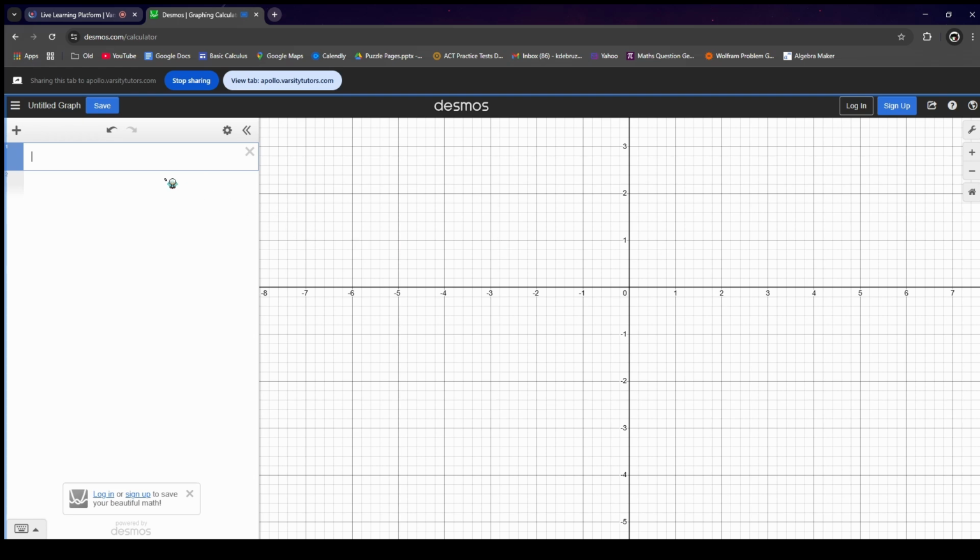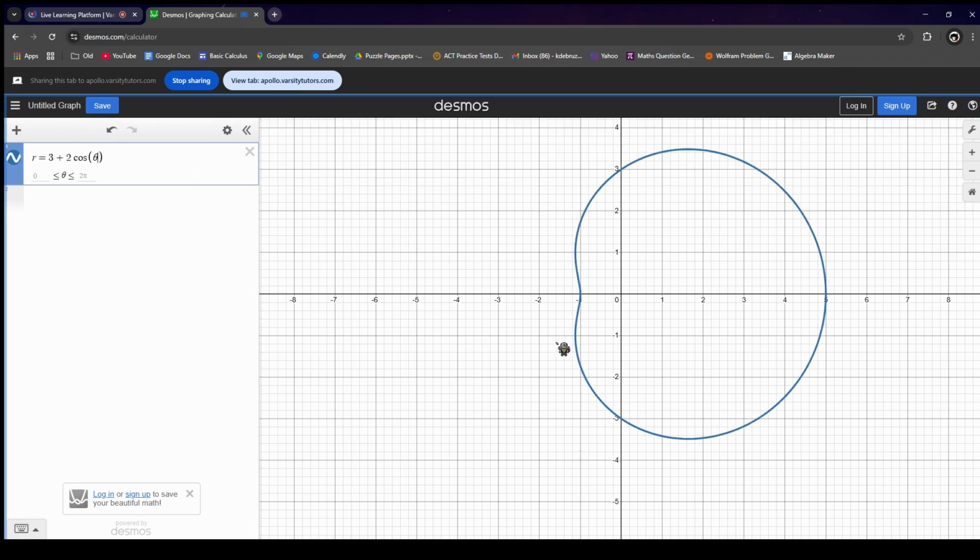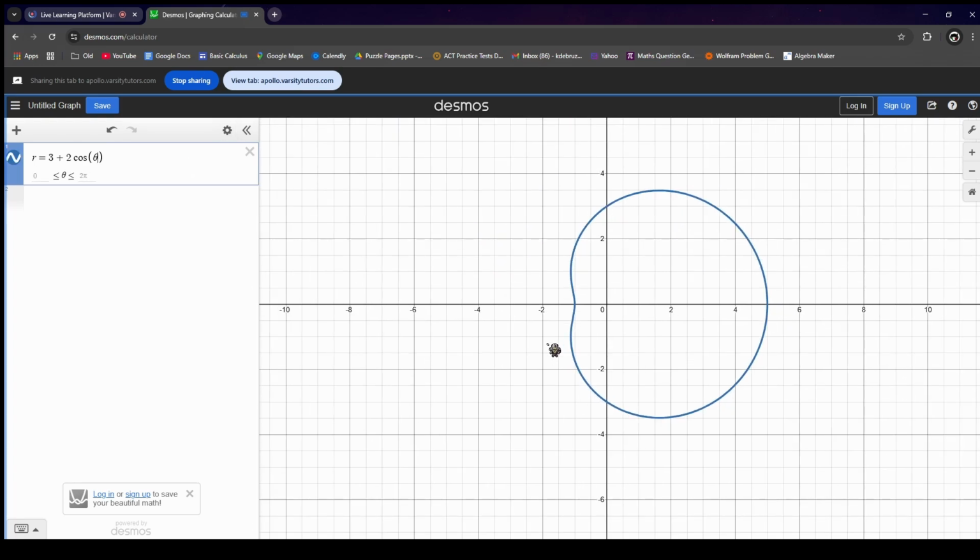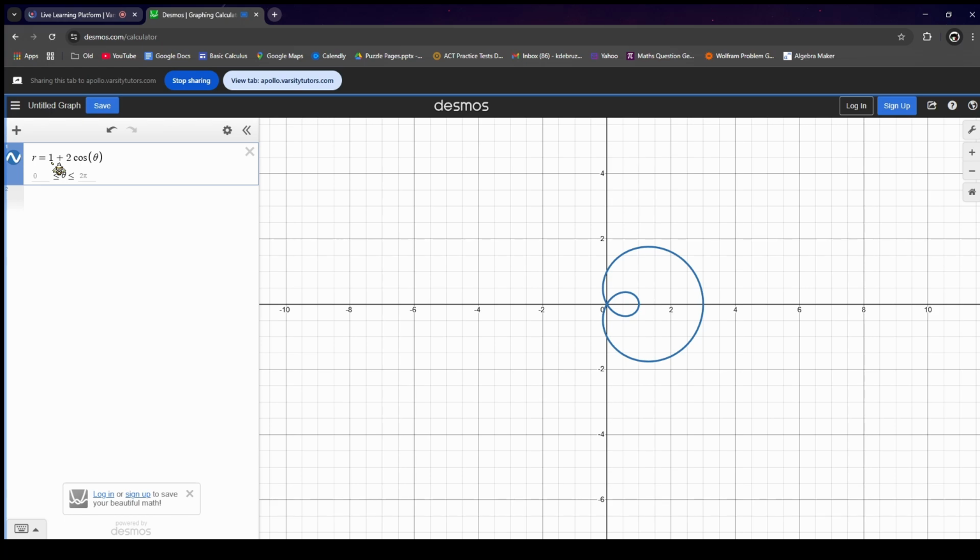The other is if we add, oh, not theta. There we go. It looks like a brain. And this will change depending on how big the numbers are relative to each other.